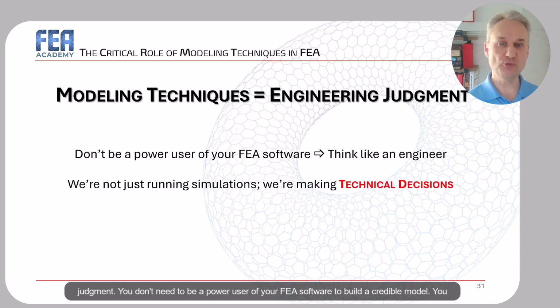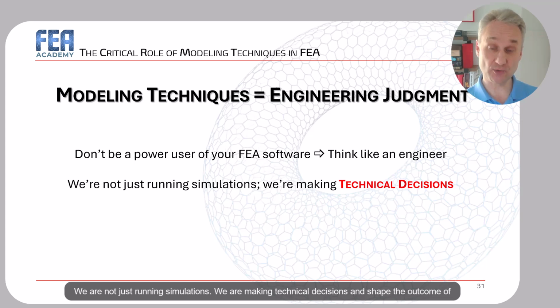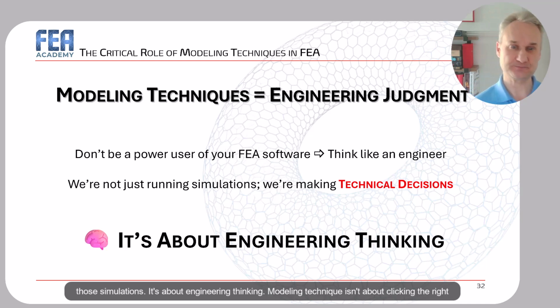You don't need to be a power user of your FEA software to build a credible model. You need to think like an engineer. This is a mindset shift. We are not just running simulations. We are making technical decisions that shape the outcome of those simulations.